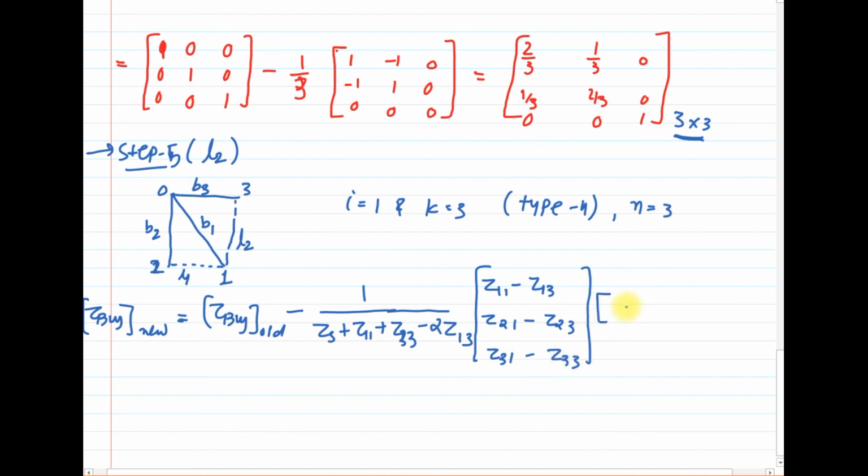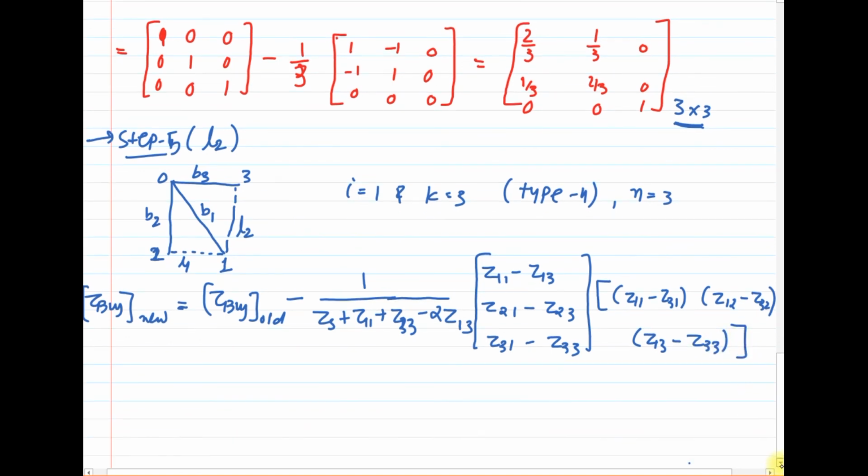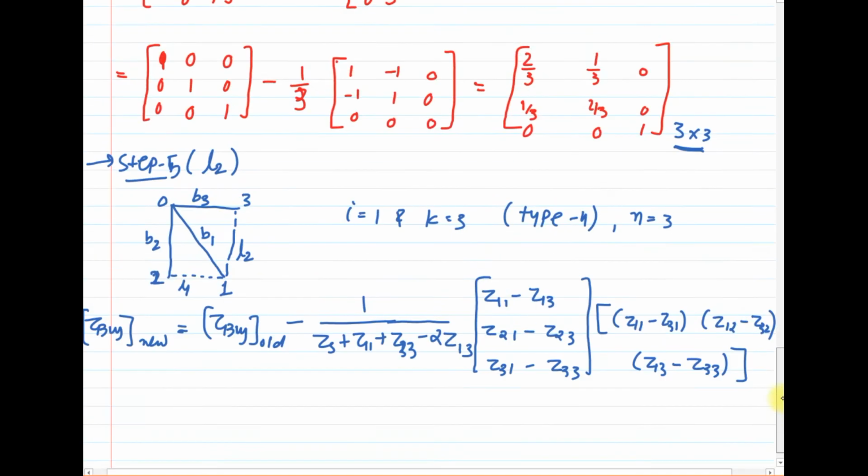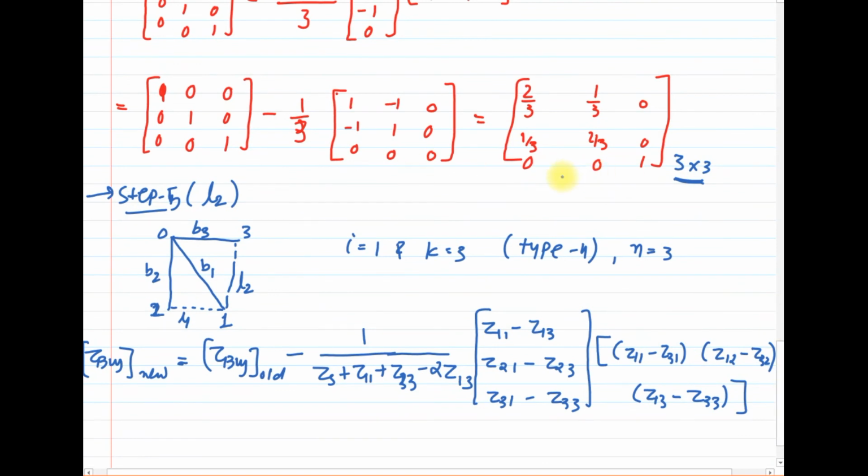And the same way the row vector, which is Z11 minus Z31, Z12 minus Z32, and the last element, which is nothing but the transpose of the column vector, Z13 minus Z33.